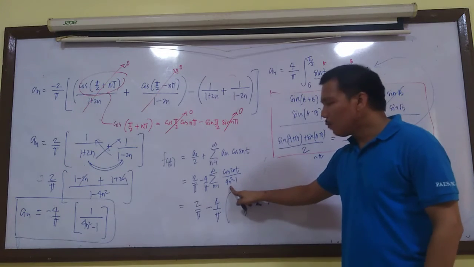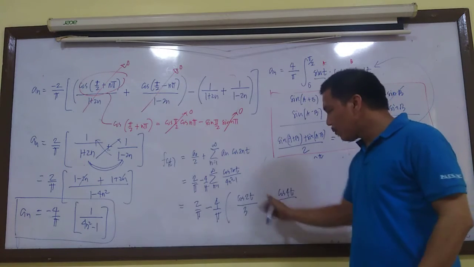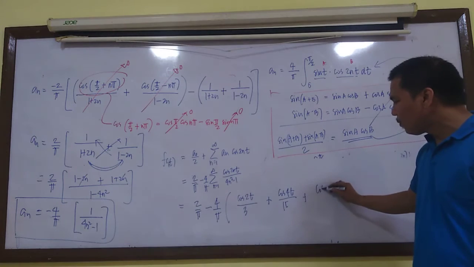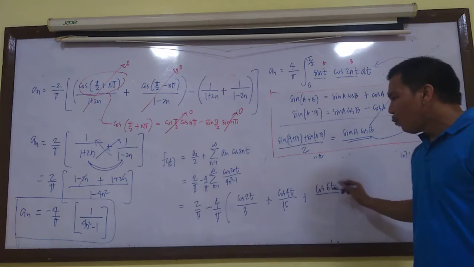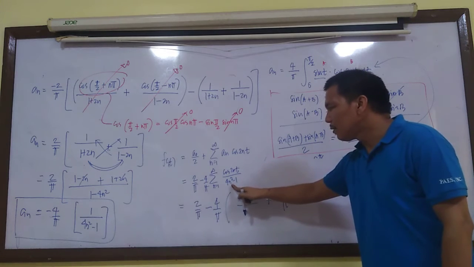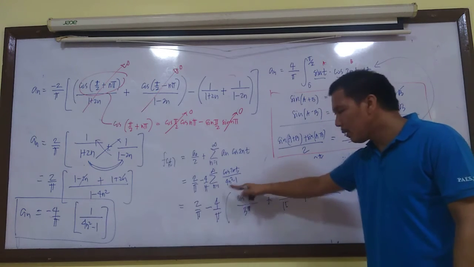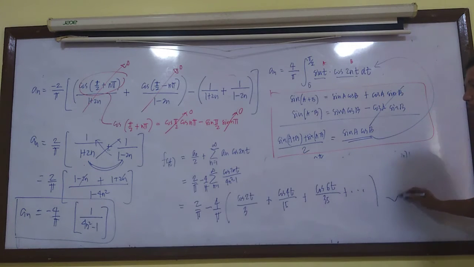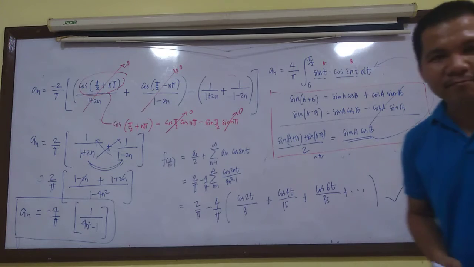When n is equal to 2, this is 16 minus 1, that's 15. But let's try another one. When n equals 3, this will become cosine 6t. When n equals 3, this is 9 times 4, 36, minus 1, that is 35. And so on. This will now be your x function.